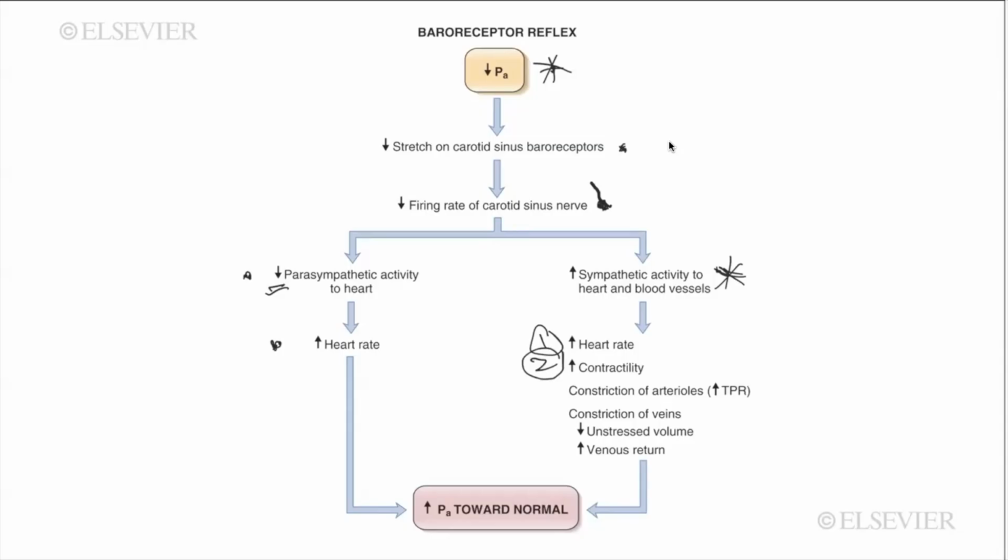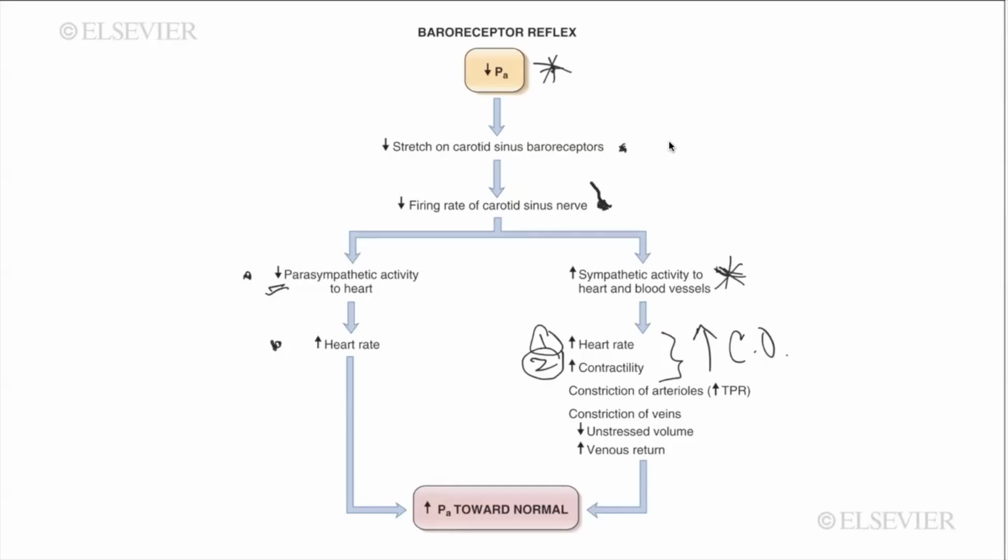And together, the increase in heart rate and contractility are going to cause an increase in cardiac output, more blood pumped into the arteries. So increased heart rate means more beats per minute. The increase in contractility is going to increase stroke volume, and together they're going to increase cardiac output.